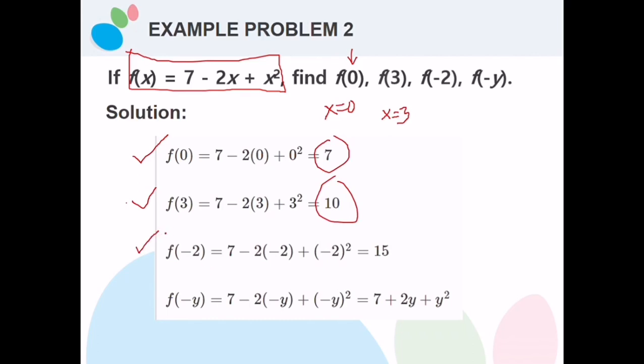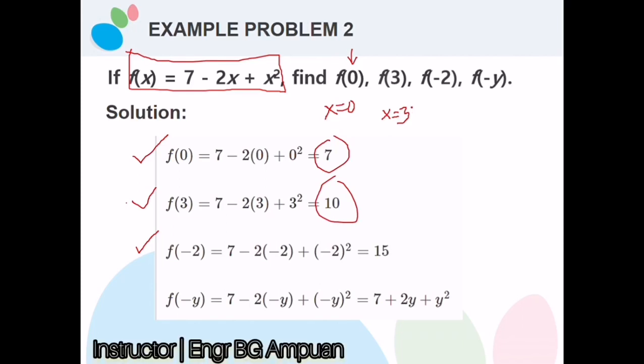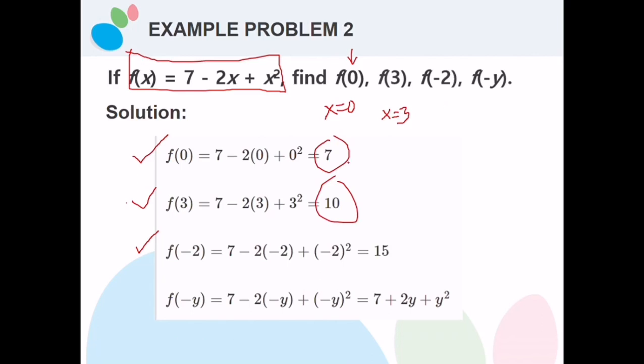Okay. In the last problem, we can say that not all the values of x are purely constant, but sometimes there is a variable or a function also. It depends on the required solution or value for x. At this point, we need f of negative y, wherein our x is equal to negative y.